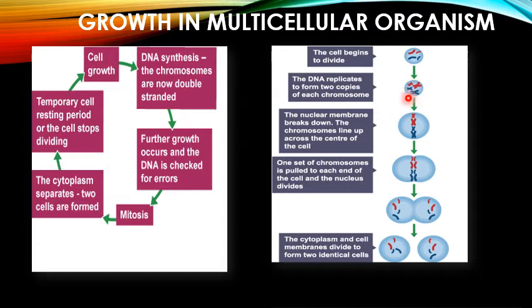This produces two cells called daughter cells, and each daughter cell is genetically identical to the parent cell, and the organism has more cells and has grown. This is about growth in multicellular organisms.